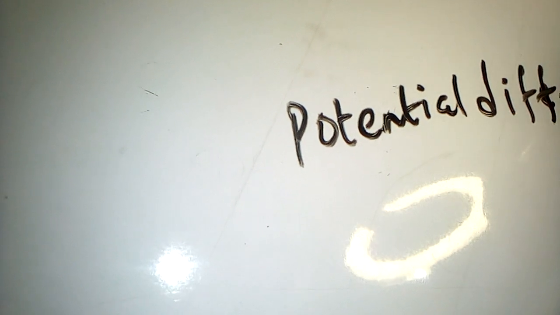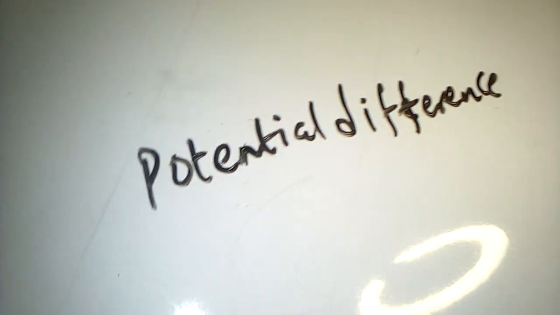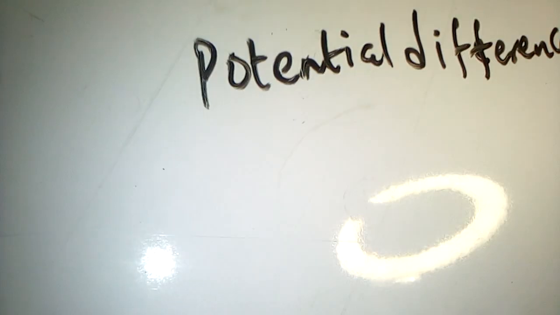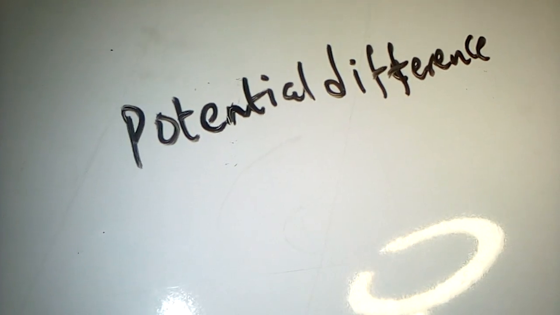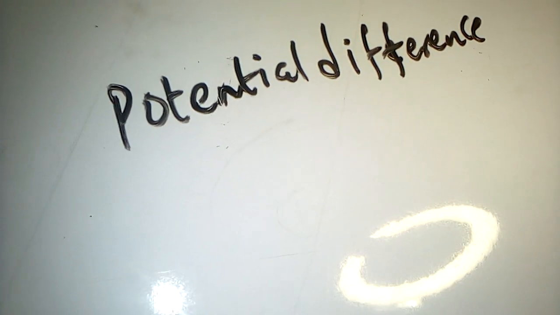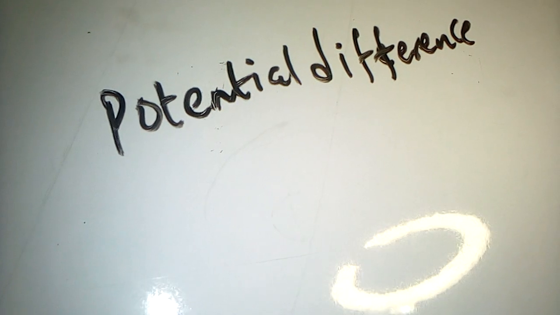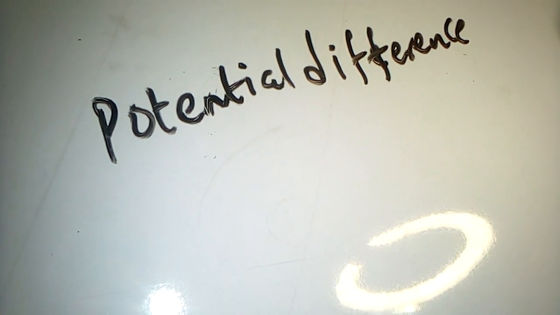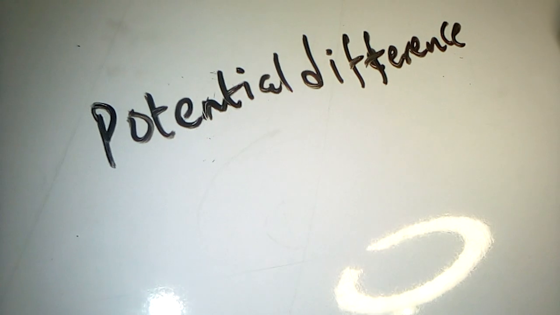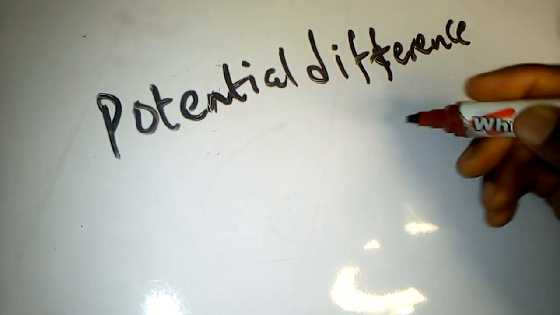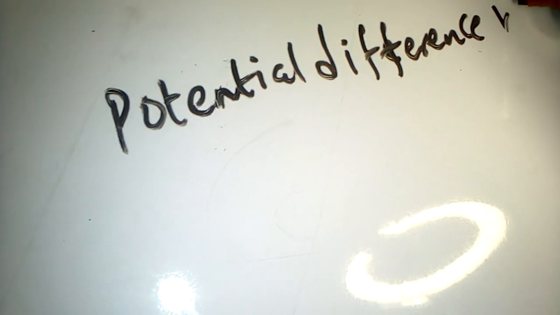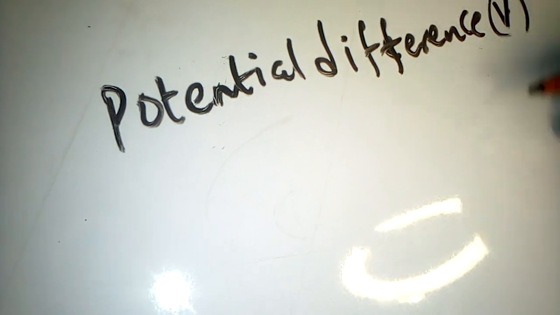Potential difference is the work done in moving a charged body from one point to another in a circuit or in a field. You can also define it as the energy that is supplied per unit charge. The potential difference is denoted by V and measured in volts.